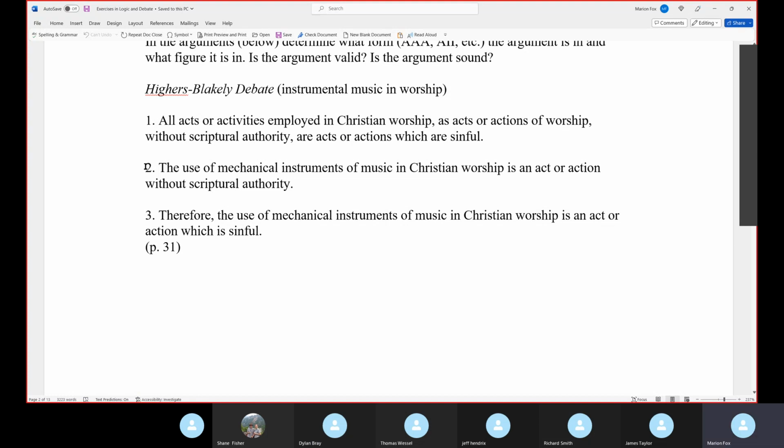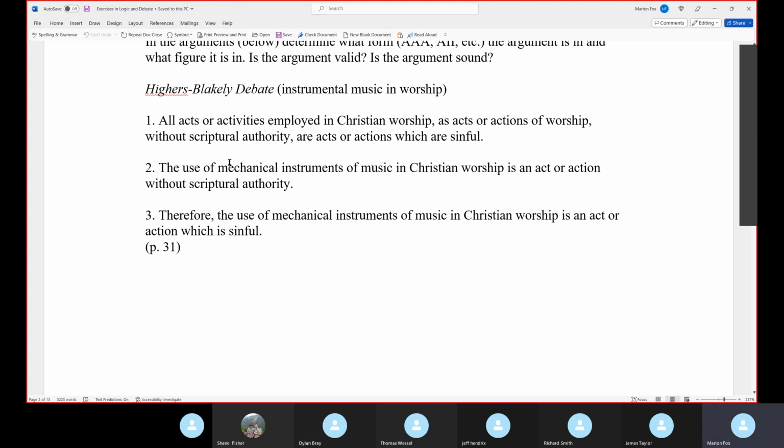All right, what do we have down here? An I type proposition. So it's an A, and this is an I. I. Now, what figure is it?